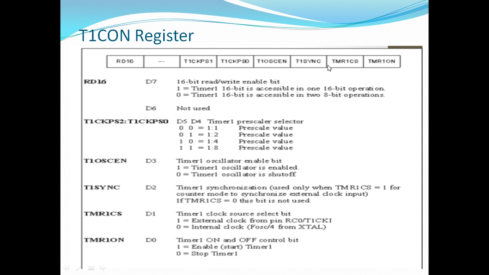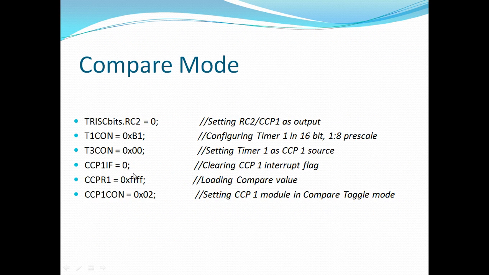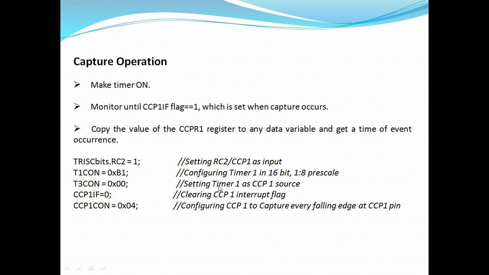Otherwise, in the initial stages, this value should be B0: Timer 1 in 16-bit and 1:8 mode. Then this particular mode is used for Timer 3. This value is used for Timer 3.